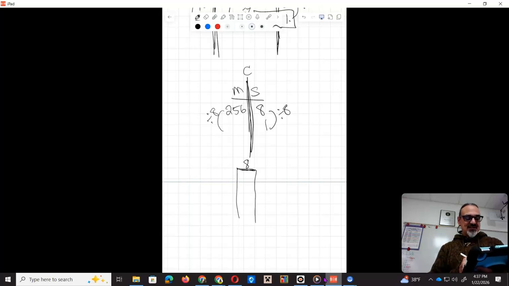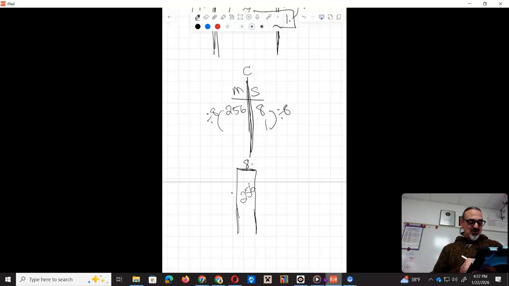If I make one side 8, because I know I'm dividing by 8, where does the 256 go? Now, it's not the side, because area is length times width. So the 256 has to be the area. So if I've got this as an area, I'm like, okay, what do I know?